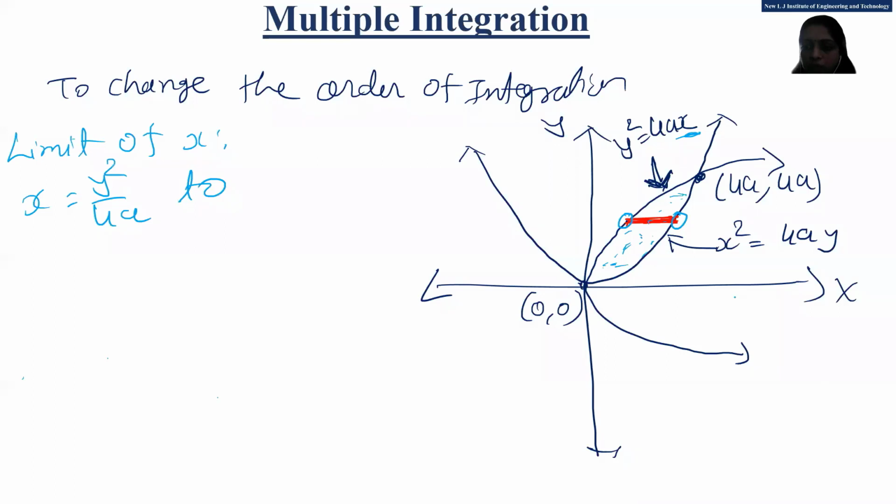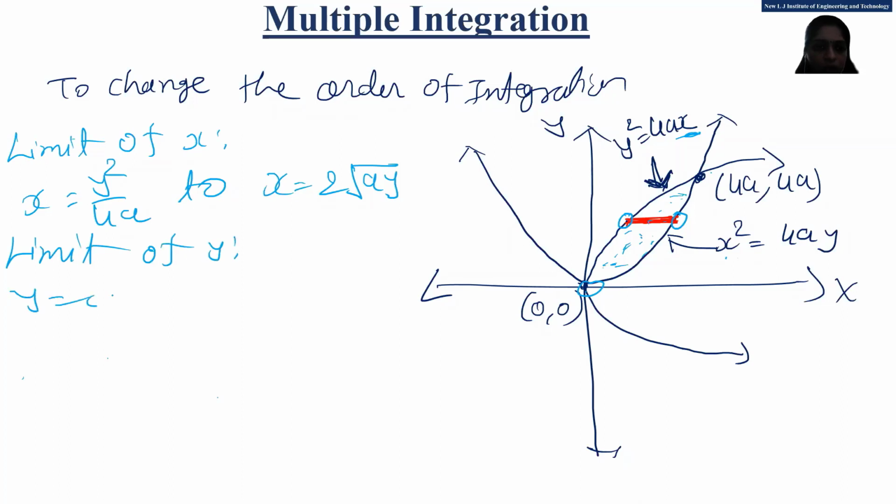Here, by taking the square root on both sides, x is equal to 2 root ay. And the lower point and upper point of y, the limit of y, is y equal to 0 to y equal to 4a, right?